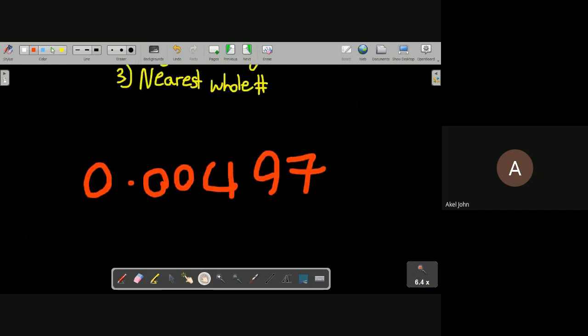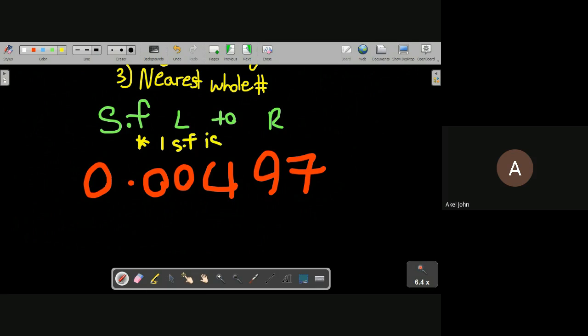Now, with significant figures, SF for short, what we do, and in maths in general, is we read from left to right. And something important with significant figures is that your first significant figure is a non-zero digit.